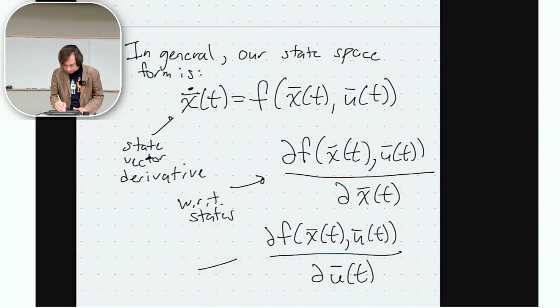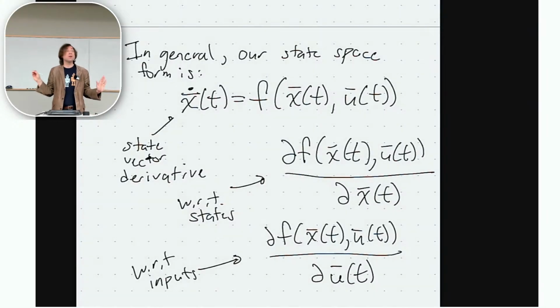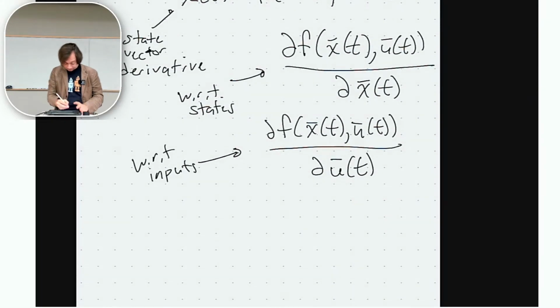That's with respect to inputs. You want to take that derivative. So we've done two things. We've created a fixed point, and then we've taken these Jacobians. Now we're going to put them together in step 3.